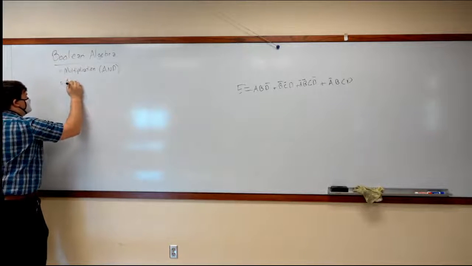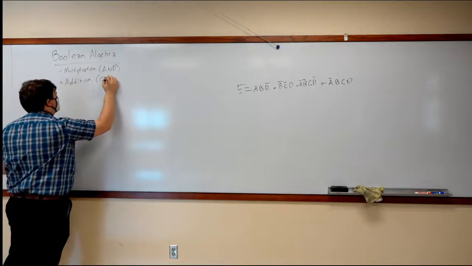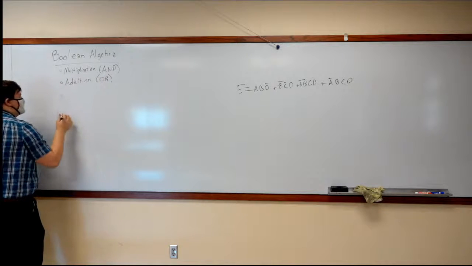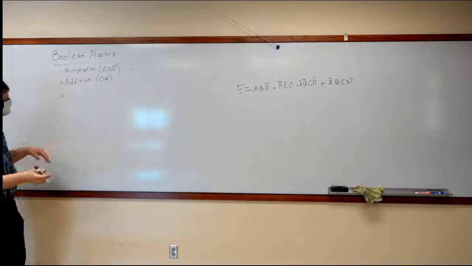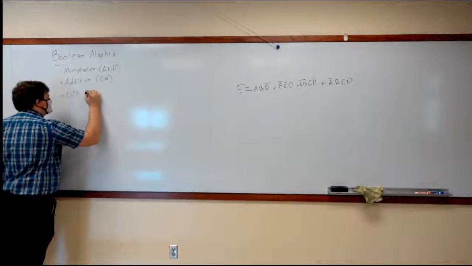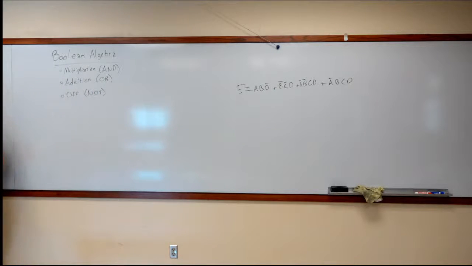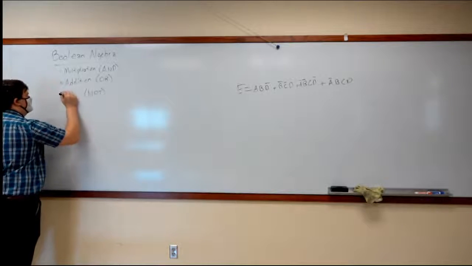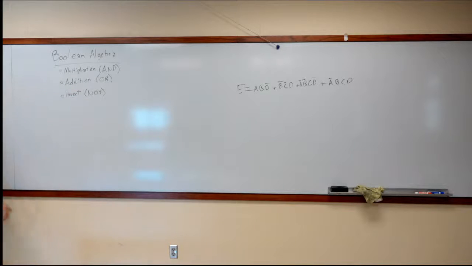Anytime you have addition, you have an OR gate. And anytime you have a 0, that's represented by a NOT gate. So an invert, I guess, would be the better way to put that. Okay, so we have our three different functions.